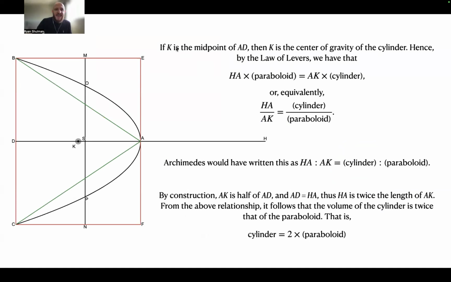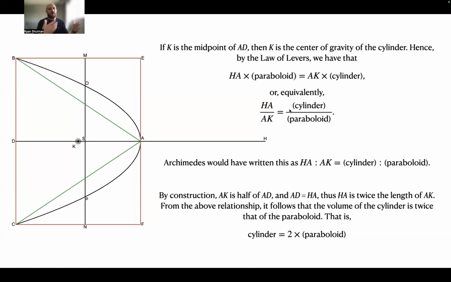Now, if K, right here, is the midpoint of AD, then K is the midpoint of the axis of the cylinder, which means that K is the center of gravity of the cylinder. So by the law of the lever, we have then that HA times the paraboloid, so again, imagine that the paraboloid is just being hung over here from H, HA times the paraboloid is equal to AK times the cylinder.